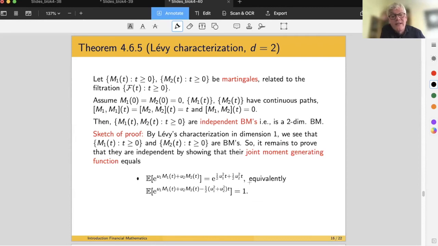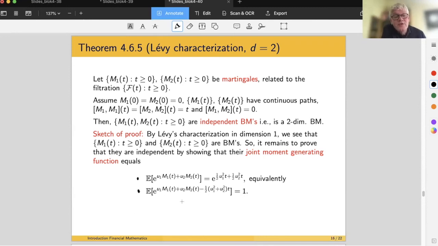Or equivalently, dividing by the right-hand side, the expected value of e to the power u1 M1 plus u2 M2 minus 1/2 (u1 squared plus u2 squared) times t should be equal to 1.